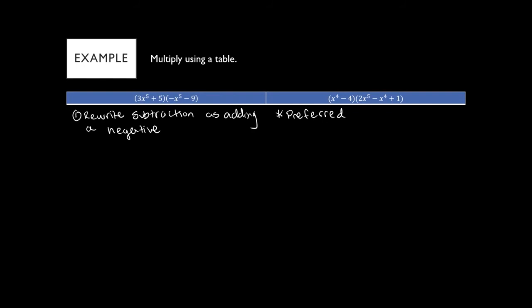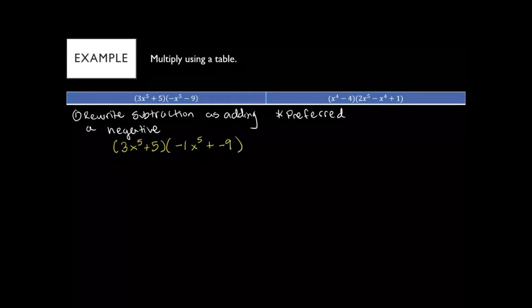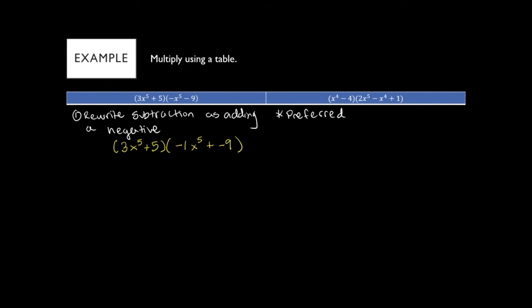So this will give us 3x to the 5th plus 5. And I'm also going to put a 1 in front of the x to the 5th so we have a number. And then plus a negative 9. Then step 2 is to make a table and multiply.